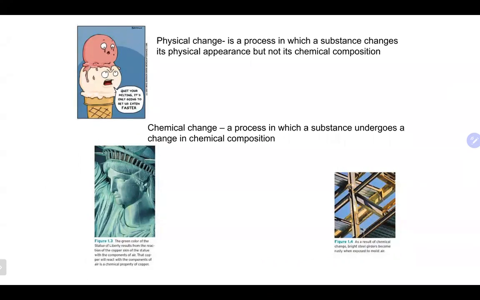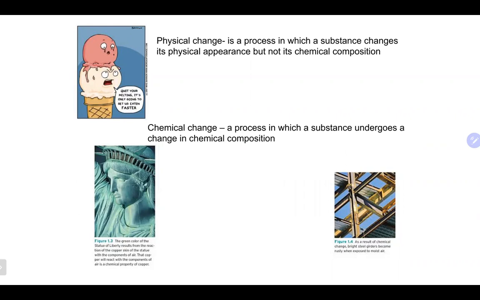The substance did not change into anything new. Nothing new was formed. It may just appear a little different, as in our example of the ice cream. We have ice cream and it melts. It's kind of sad, especially if you're at the bottom of an ice cream cone. But really, melted ice cream is still ice cream. It's still the exact same thing. It's just in a different state.